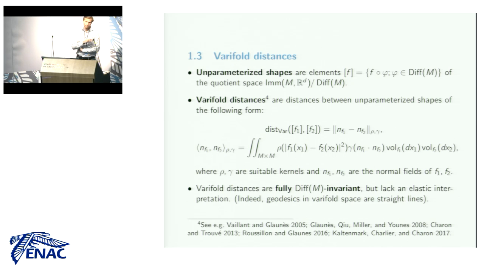Parameterized shapes, you can think of them as meshes, if you discretize them. And unparameterized ones is like considering two different meshes the same when they describe the same surface, when the surfaces are exactly aligned to each other, but the mesh structures might still be different. So here we now have a distance on unparameterized shapes. And that's basically all that I need for the setup.